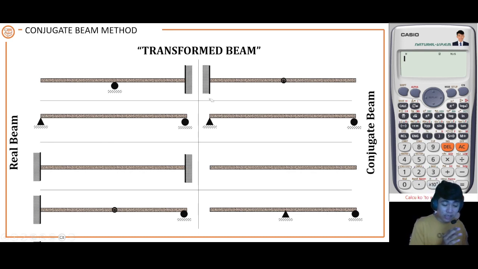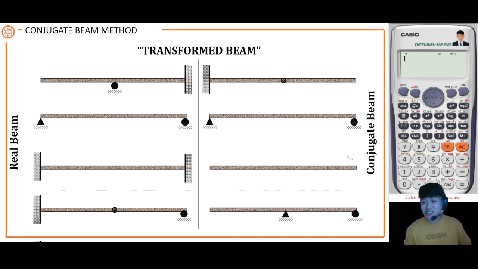Again, if a support is a hinge or roller on the ends, it will still be a hinge and roller in the conjugate. However, if that is a fixed support, if you convert that into conjugate, that is already a free end. Then you have a free end here, it will be a fixed end again.